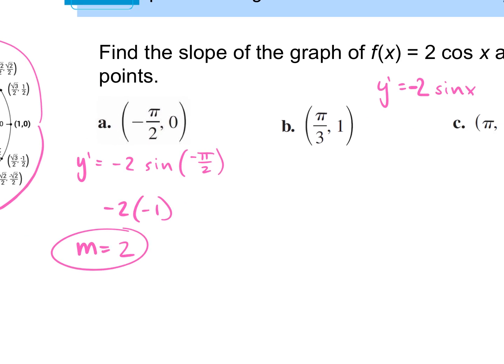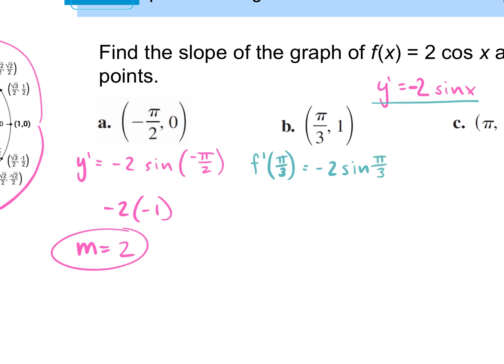Awesome. Let's do the same thing with b. So again, we're using our same derivative here, but now we just have a different x value. What's our x value here? Pi over 3. If you want to think about it this way, you can. It doesn't really matter how we write it, but f prime of pi over 3 would be negative 2 times the sine of pi over 3.